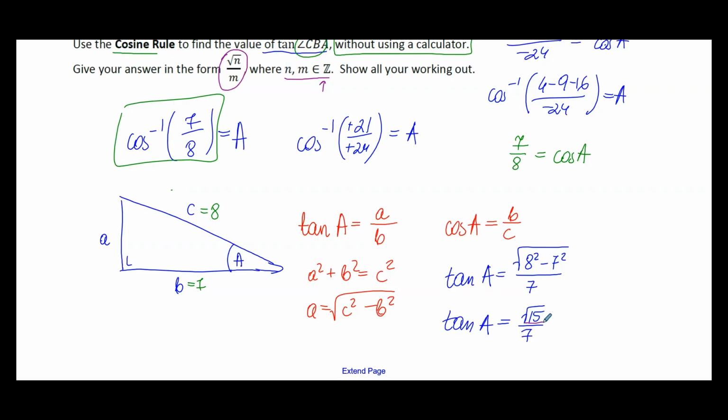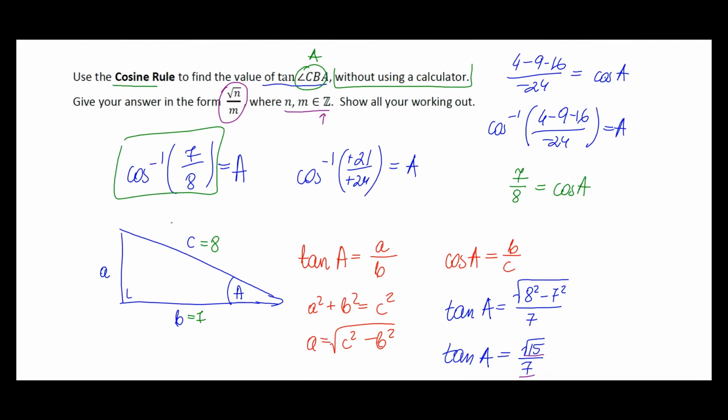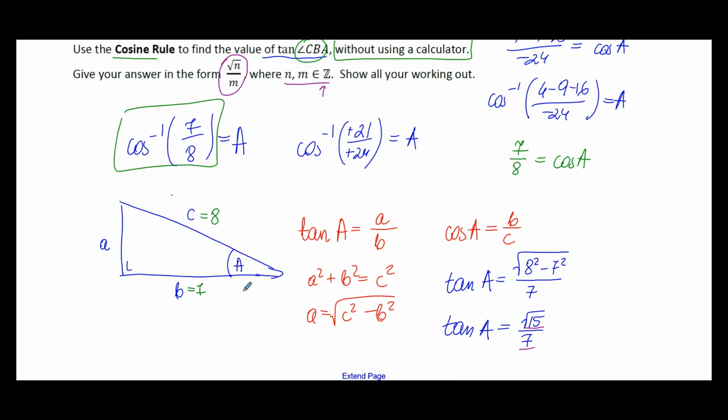And that's what we have, positive whole numbers. So yes, we fulfill that condition. And like I'm saying, without using the calculator, the main part was to use our Pythagoras to find the missing value of A for the tan calculation.